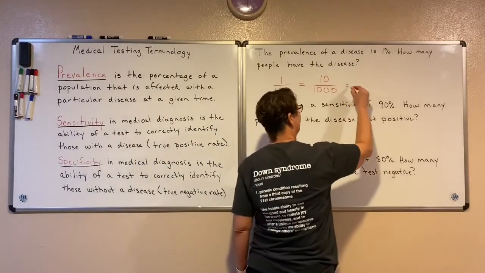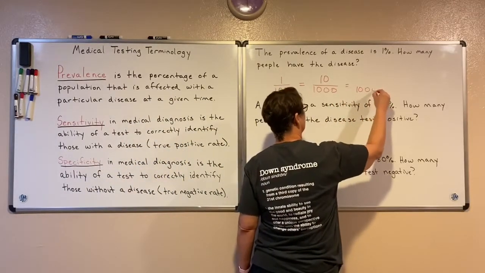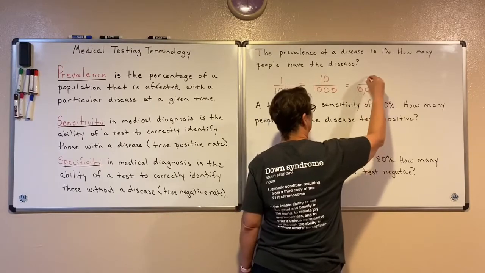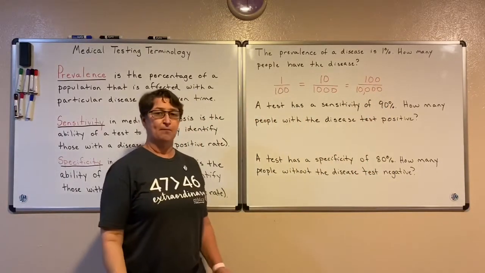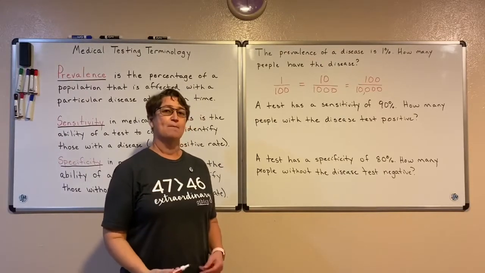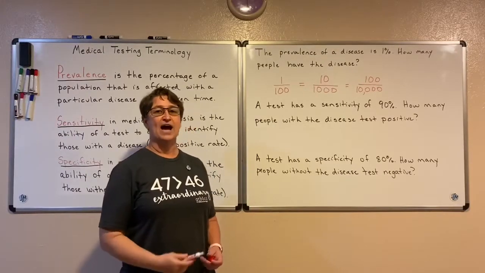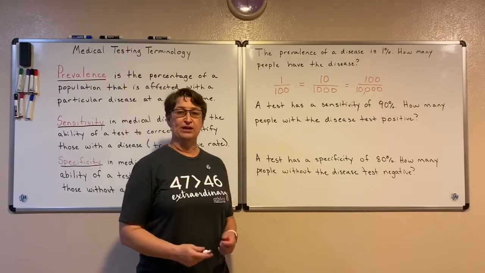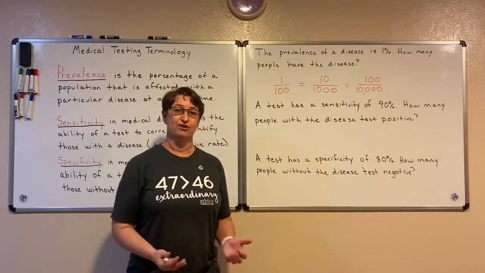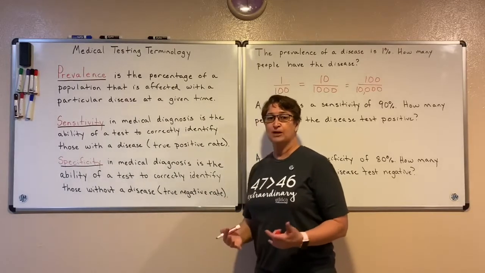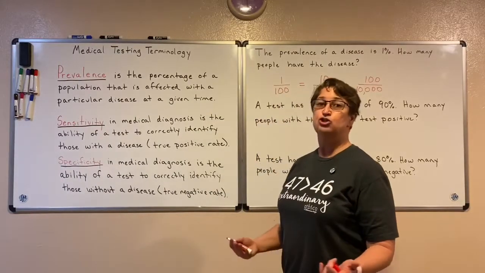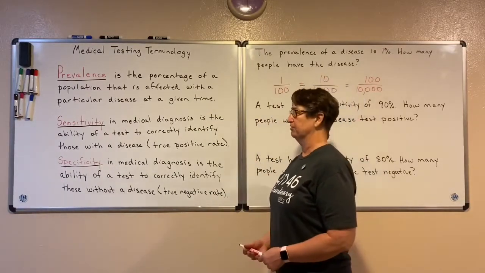And if I had 10,000 people, then I would expect 100 people to have the disease. So I just take my population and multiply it by 1% to find out how many people in that population should have the disease. That's what the word prevalence means: how many people out of your population should be affected by this disease.